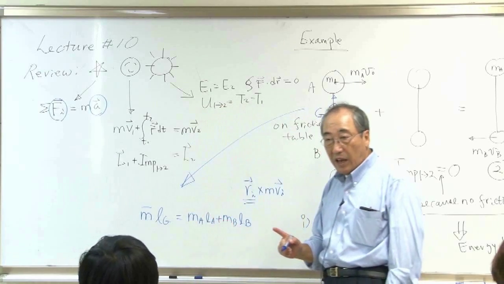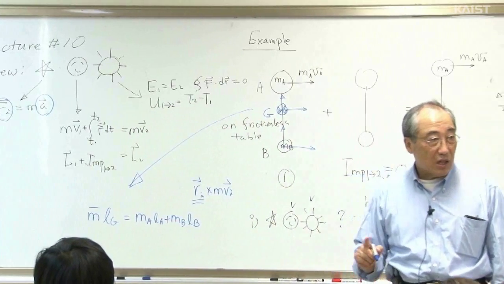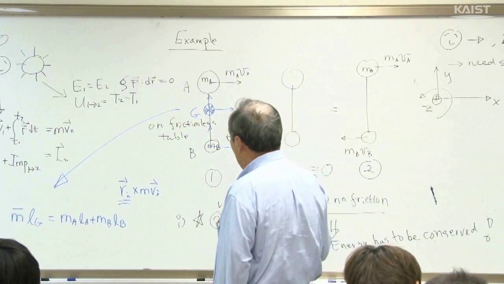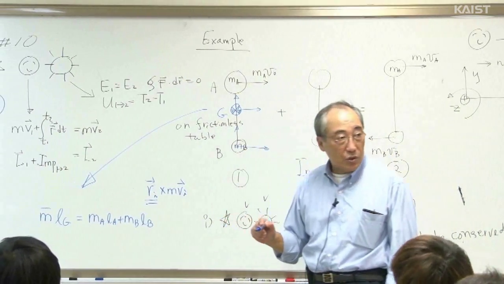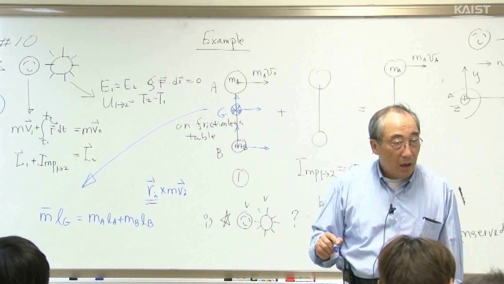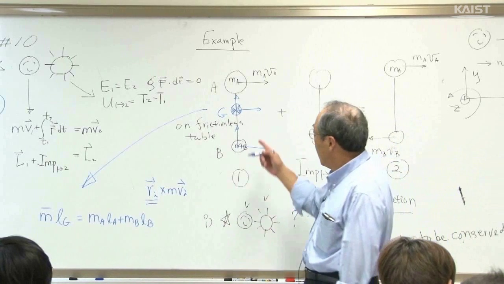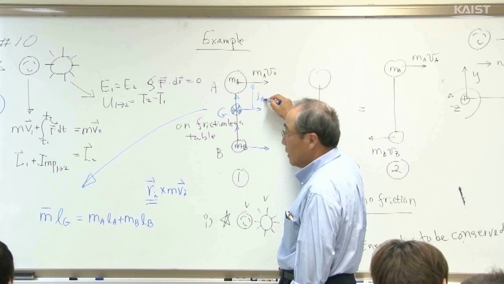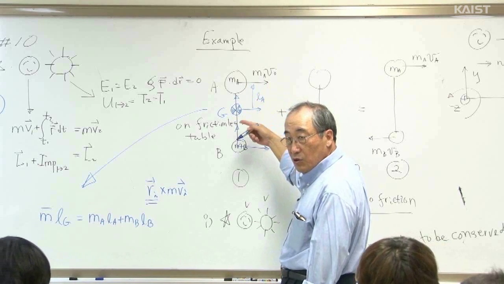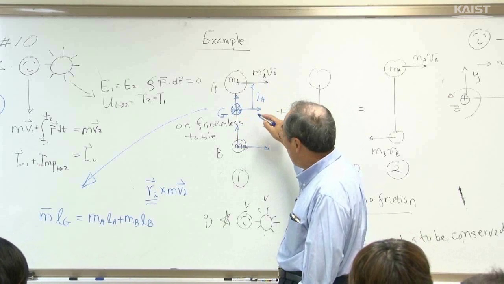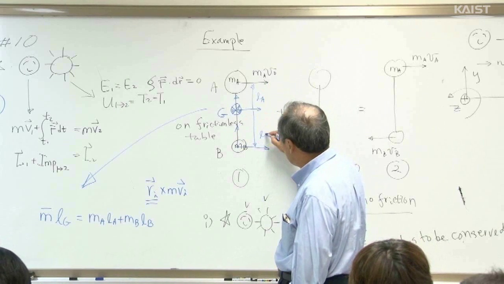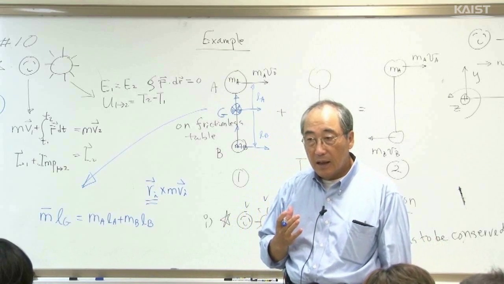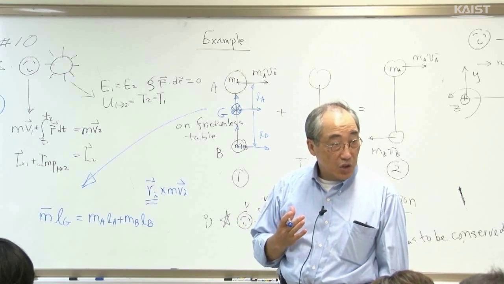What is L_A in this case? It's not Los Angeles, L_A. L_A is what? It is measured with respect to what? From here, so that is L_A. Because we are using this coordinate, that should be L_A. This should be L_B. What is then L_G? 0?